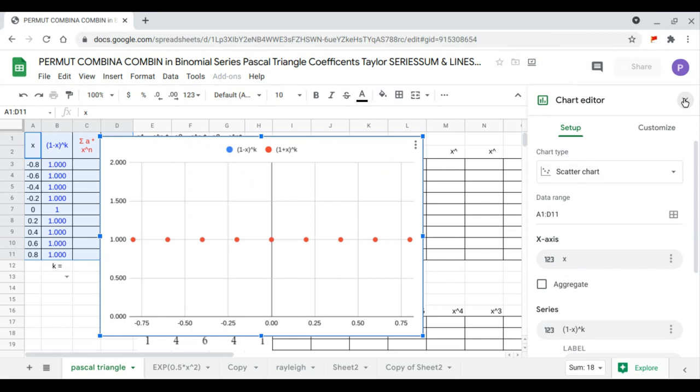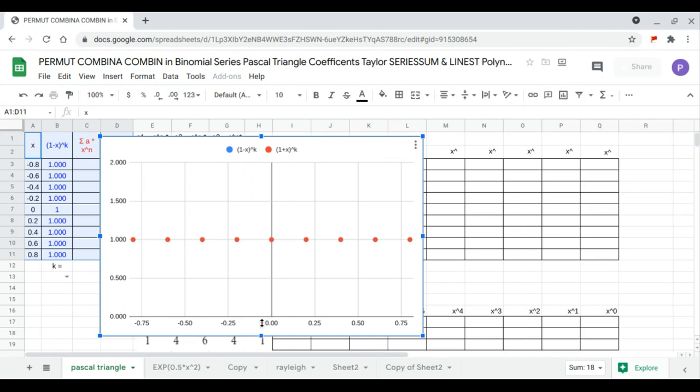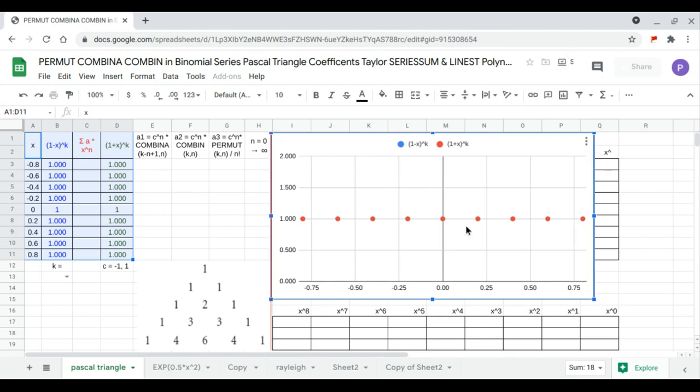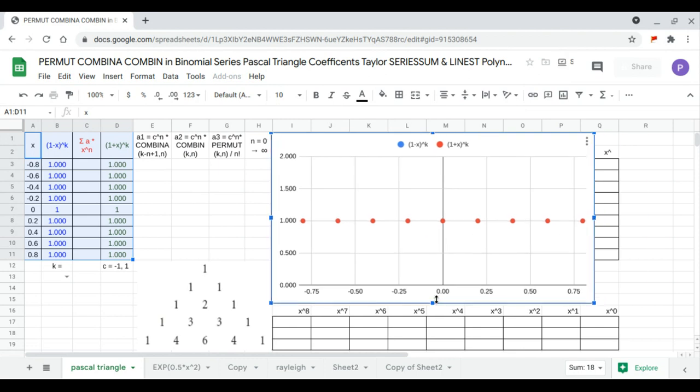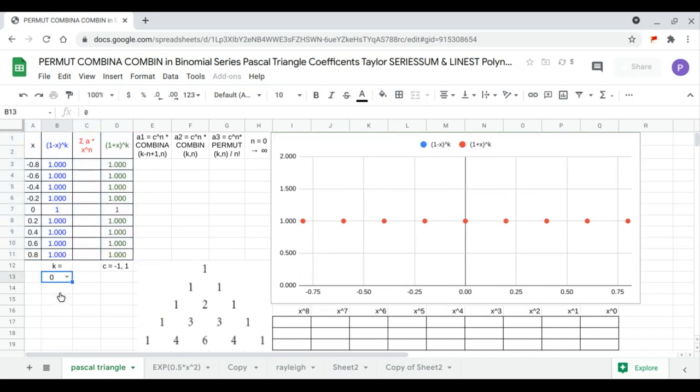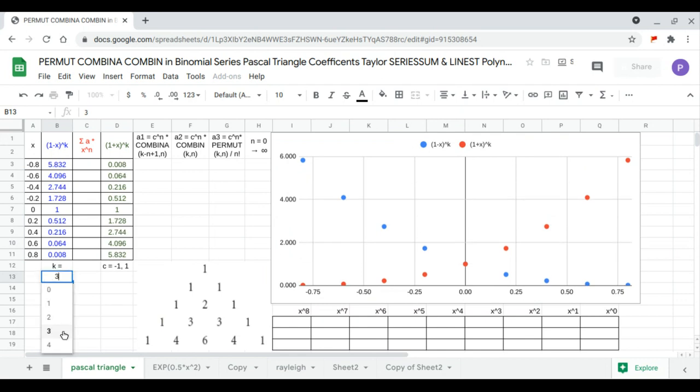So let's have a look how this is going to look like. So at k equals 0 and k equals 1, k equals 2, k equals 3, k equals 4.